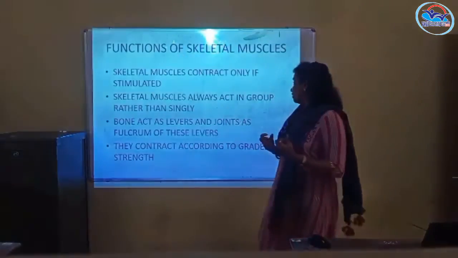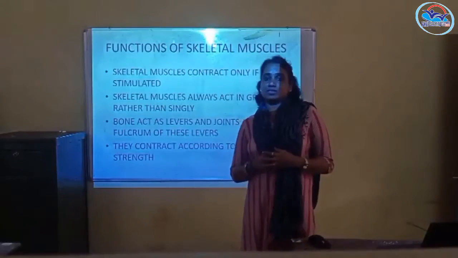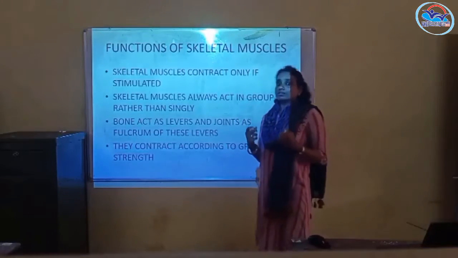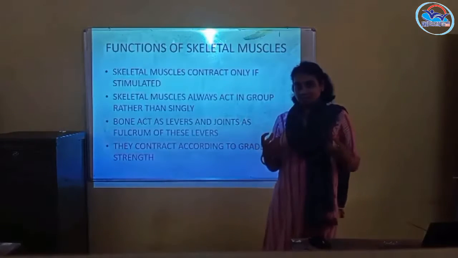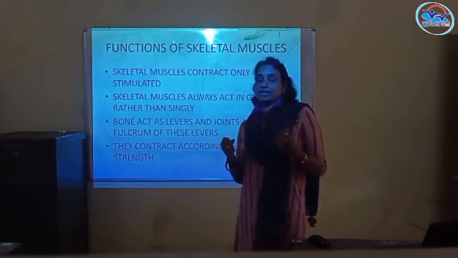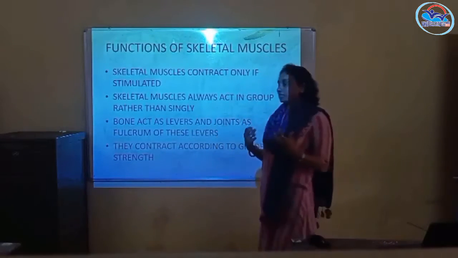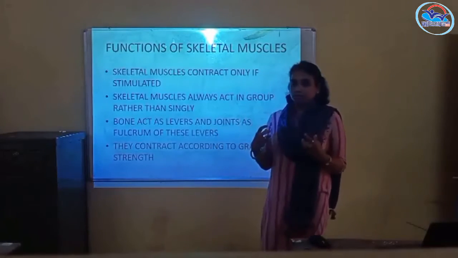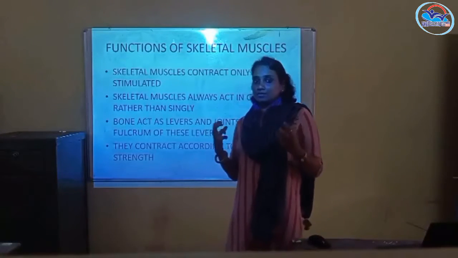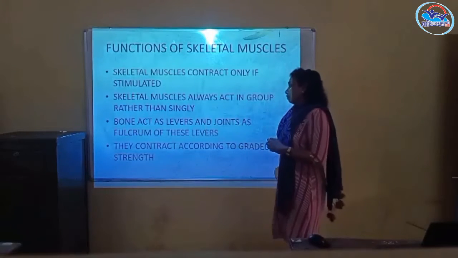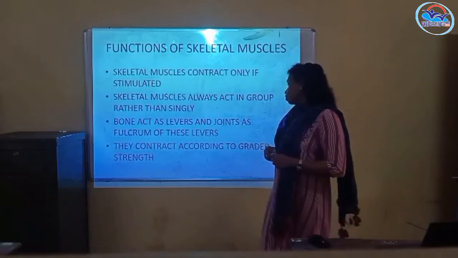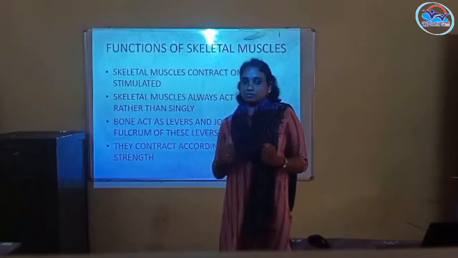Skeletal muscles always act in a group rather than singly. That means the skeletal muscles cannot act singly, they act in a group. That means there are some agonist and antagonistic muscles, and they work together so that they act in a group. Bones act as levers and joints act as fulcrum of these levers.